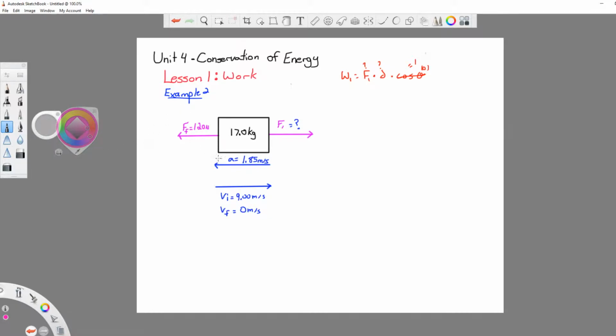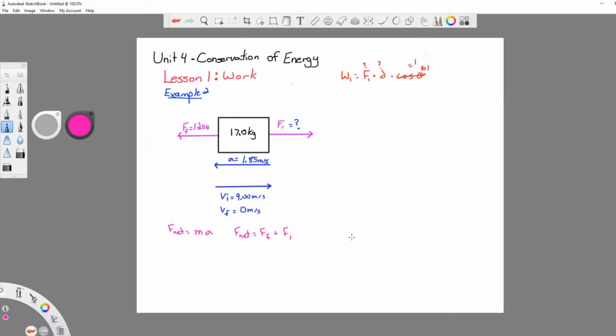Start with magenta here. And we know that force net is equal to mass times acceleration. And we also know that force net is equal to the sum of all of our forces. So force of friction plus force 1. All right.